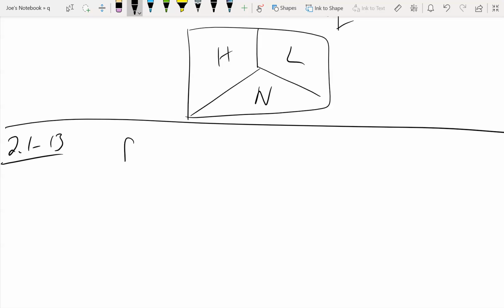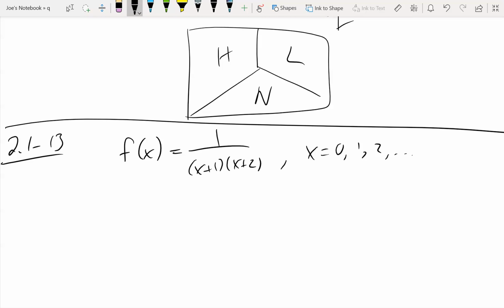We've got a probability mass function of 1 over (x+1)(x+2), for x equals 0, 1, 2, and so on. This problem asks you for the probability that x is greater than or equal to 4, given that x is greater than or equal to 1.